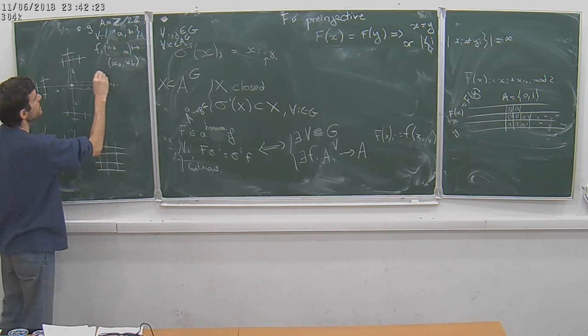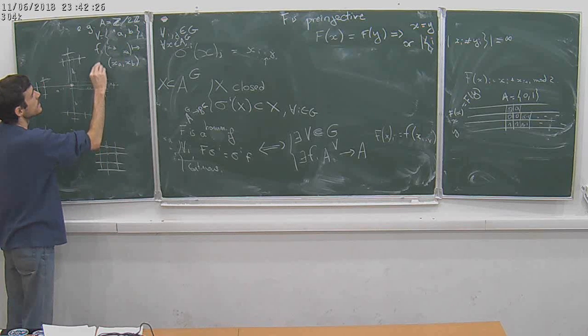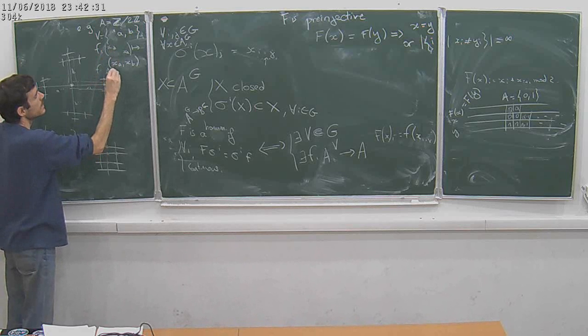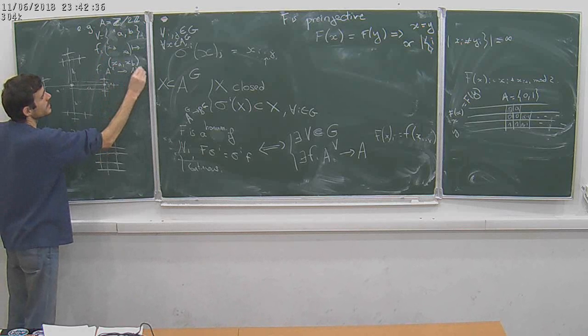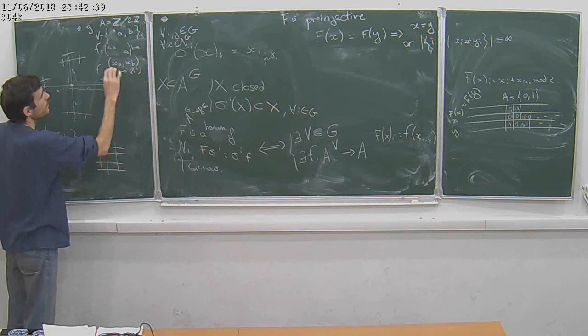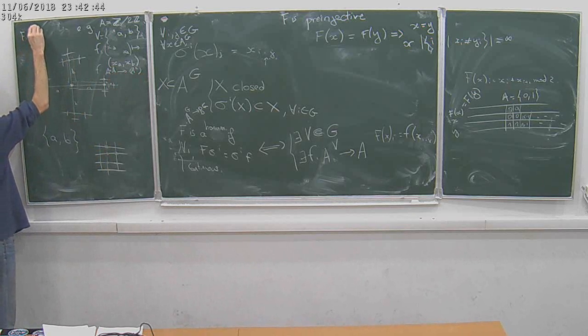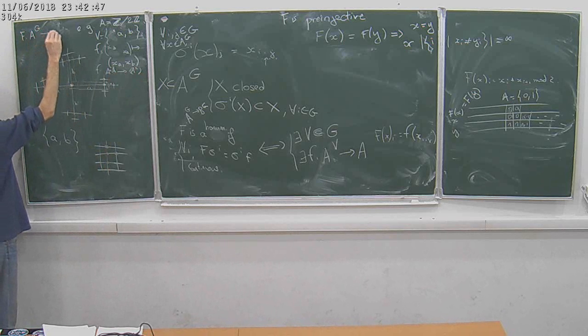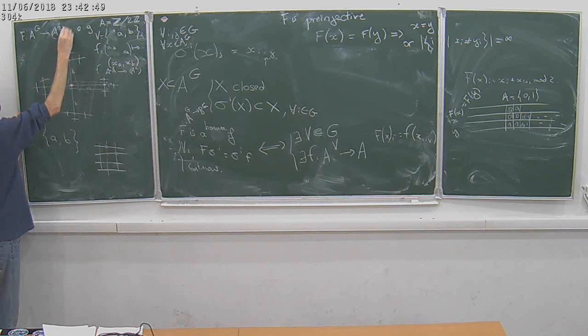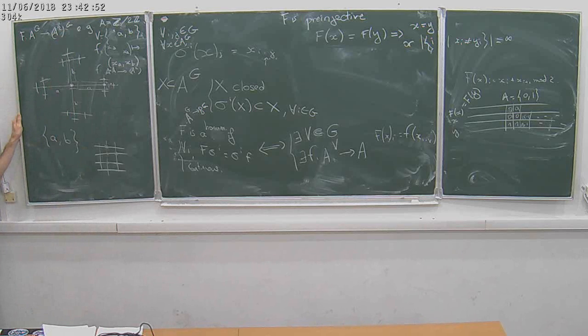It's a pair. So here F is from A to A squared, into A squared. The relation is A to the G. At each vertex, I put the pair of the two.